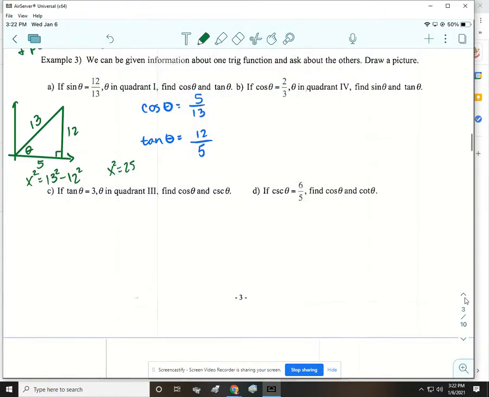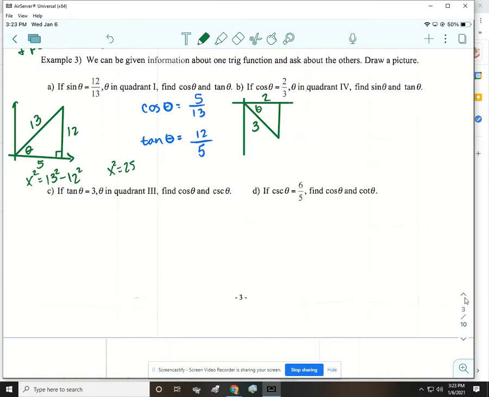Okay, then for B, this time we know that the cosine of theta is 2/3 and that theta is in quadrant 4. So that means that the adjacent is 2 and the hypotenuse is 3.